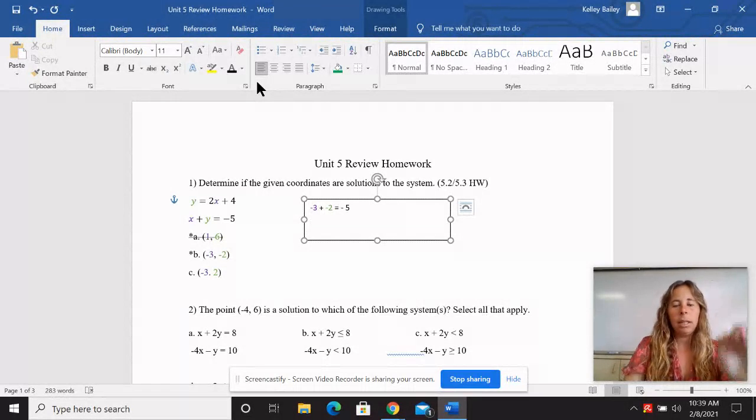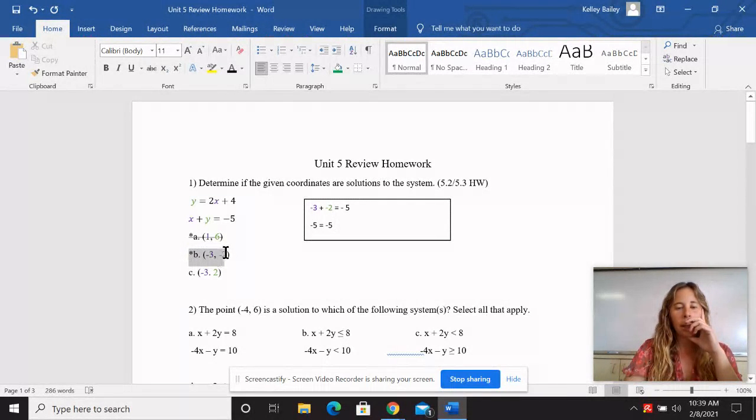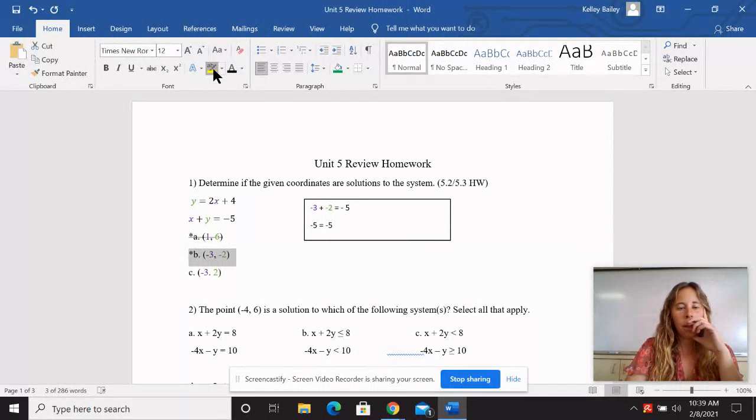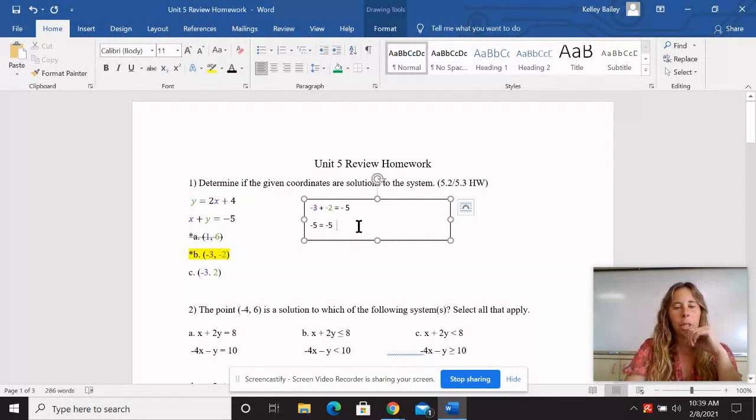Is it? Negative 3 plus negative 2 is negative 5. Negative 5 equals negative 5. Oh, look, that is, in fact, correct. So this point works in both equations. I'm going to highlight it. Let's make it yellow. That is a solution to this system, because it works in the top and the bottom equation.